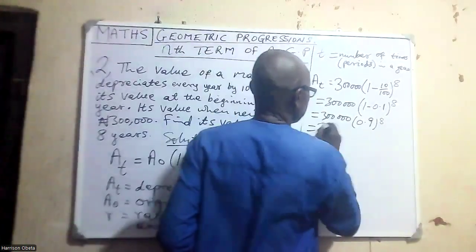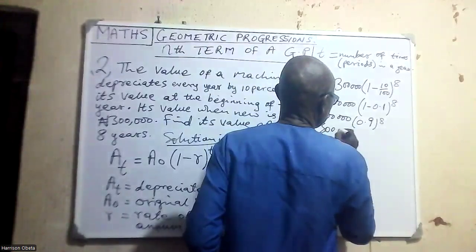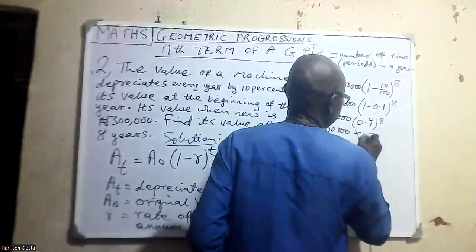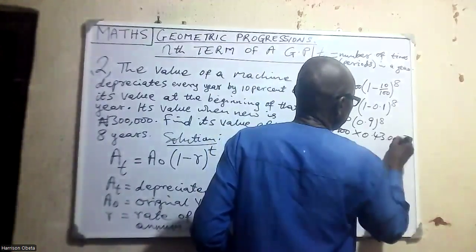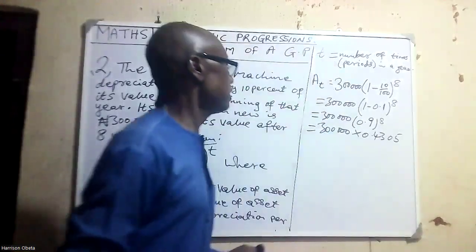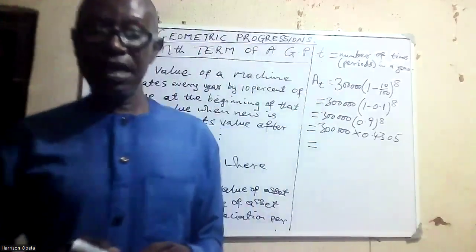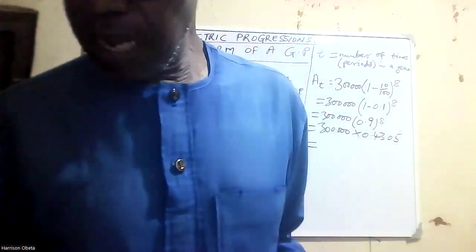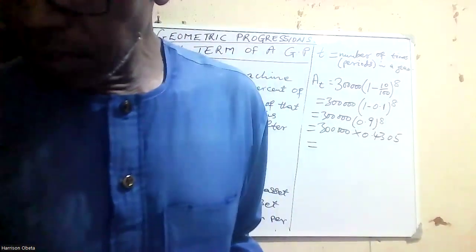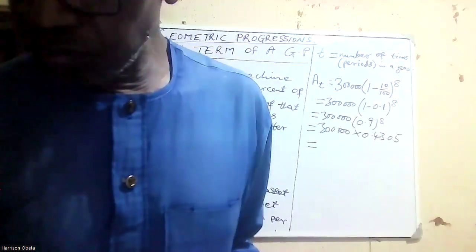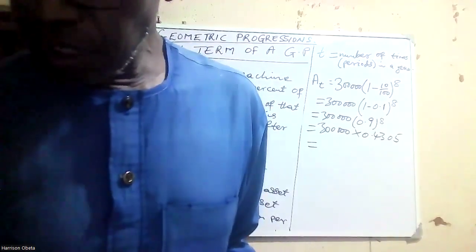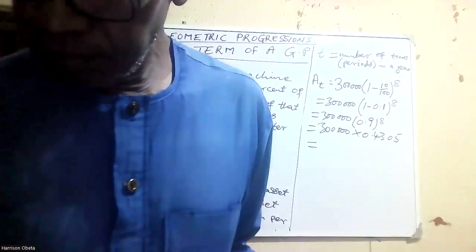That is 300,000 multiplied by 0.4305 approximately. And that will give us, again, you multiply by 300,000, again using your calculator.